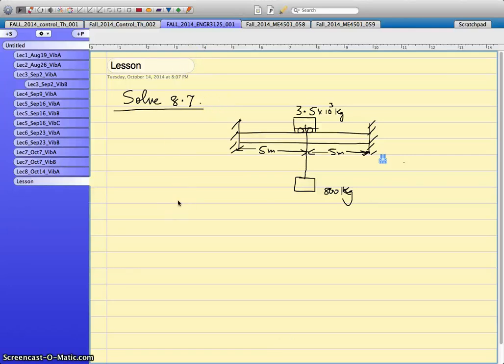Hi guys, this is question number 8.7 in our book, Magd Wahab, and this is a case where the girder has a crane. The trolley and the girder of our traveling crane have a length of 10 meters.